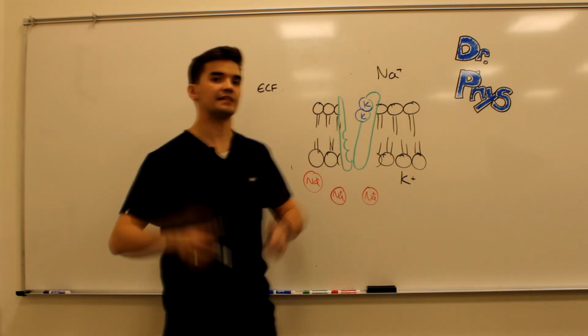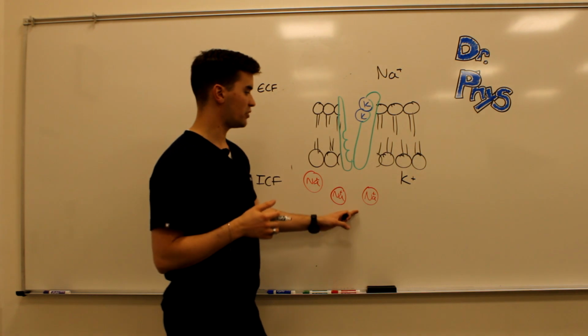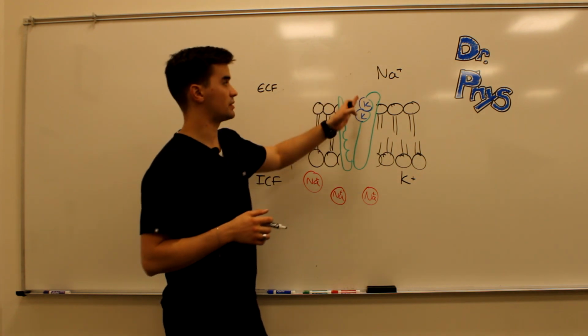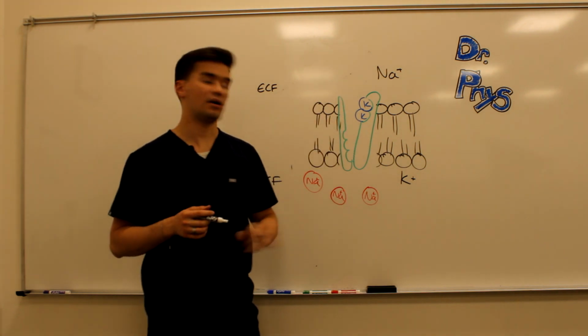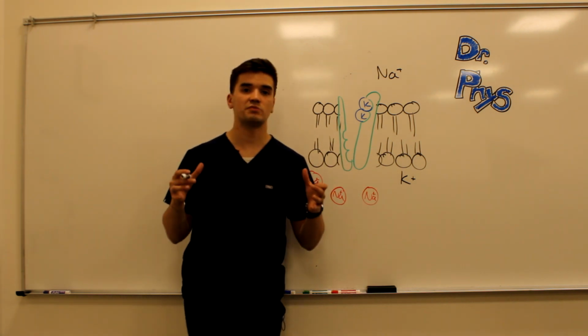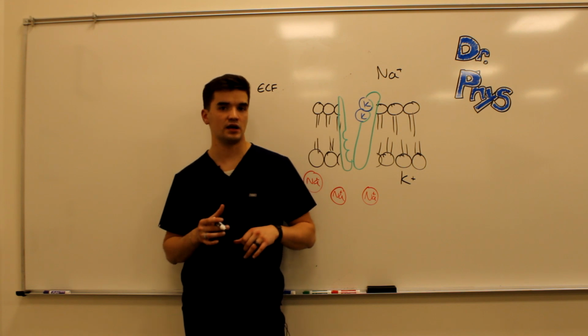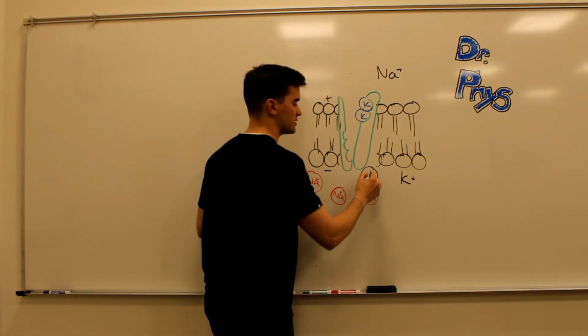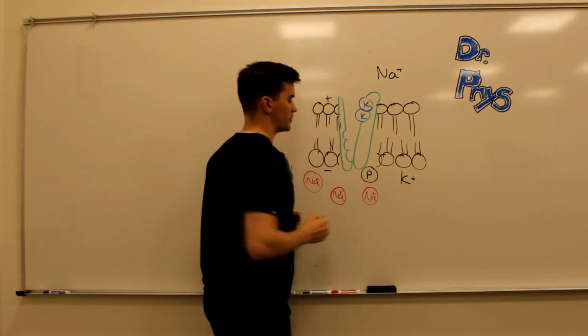This is moving against its concentration gradient. Sodium is getting pumped outside into more sodium, and potassium is getting pumped back into more potassium. The reason that this is important is that it helps us maintain our electrochemical gradient. The way that this is energized is by a phosphate group.